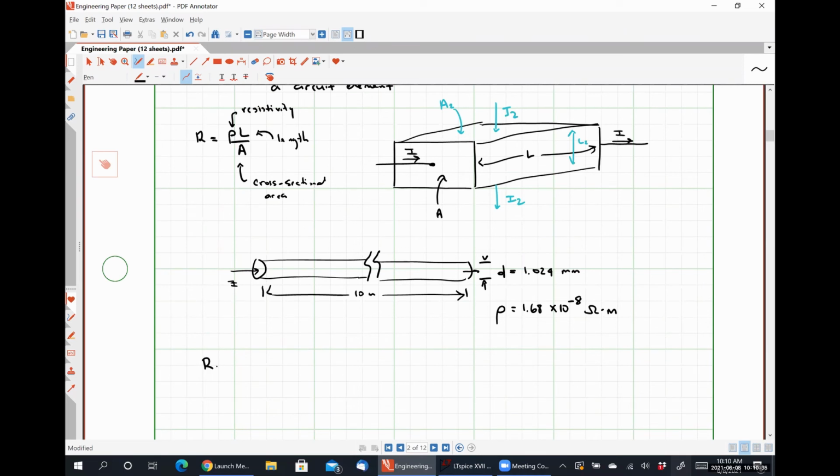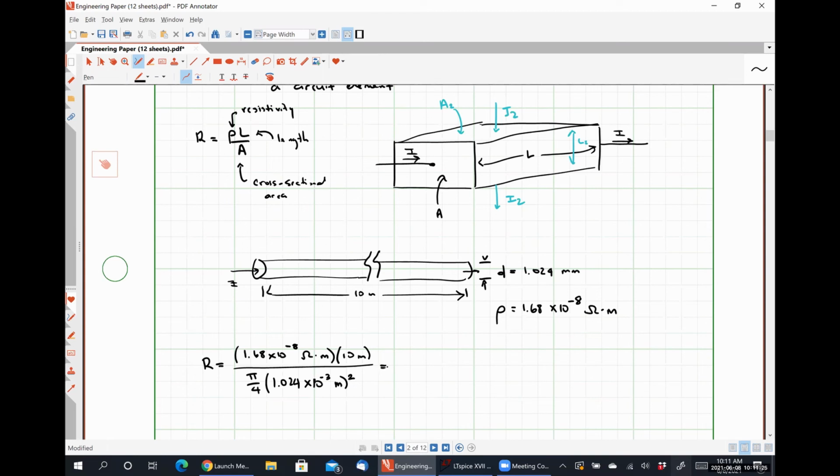So for instance, we would know that the resistance is the resistivity, which is 1.68 times 10 to the negative 8 ohm meters, times our length, which is 10 meters, divided by pi over 4 multiplied by the diameter squared, 1.024 times 10 to the minus 3 meters quantity squared.